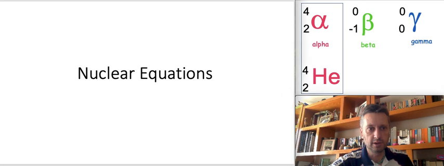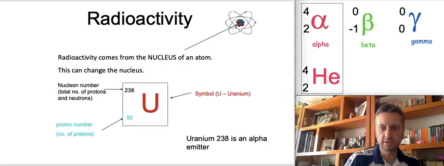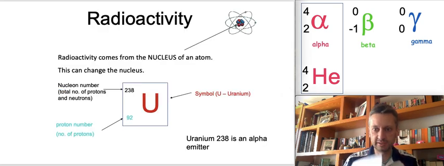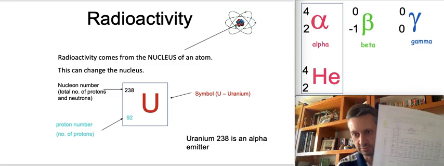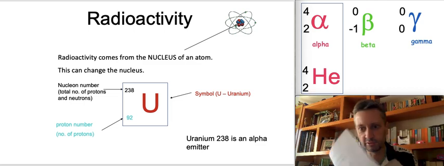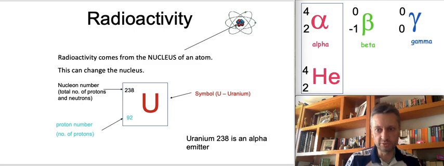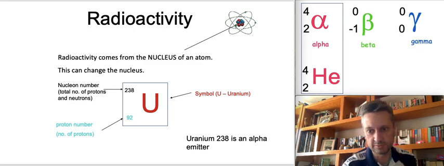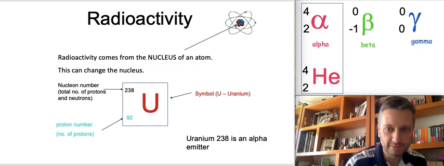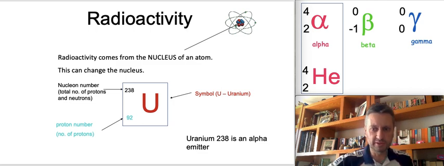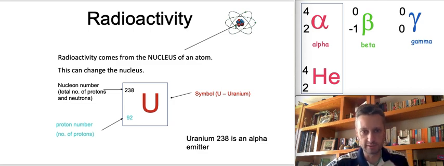Okay. When we talk about nuclear equations, the first thing you're going to need is a periodic table. I've got my Cambridge periodic table here. I'll send you one when I post this video. Cambridge has done something that I find quite confusing recently, actually.